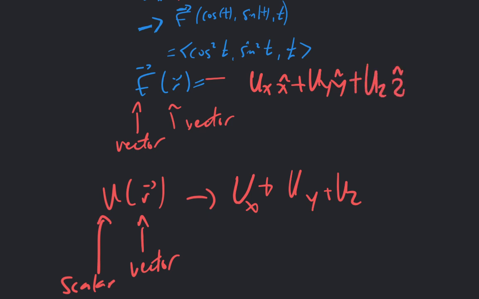The components are not the entire thing. Well, I mean they are, but each component has its own scalar multiple, I guess. Something like that.